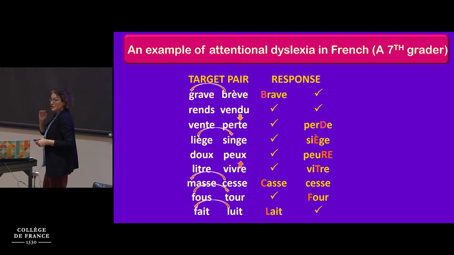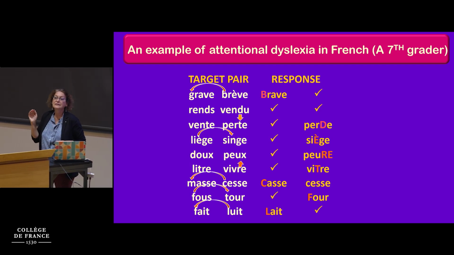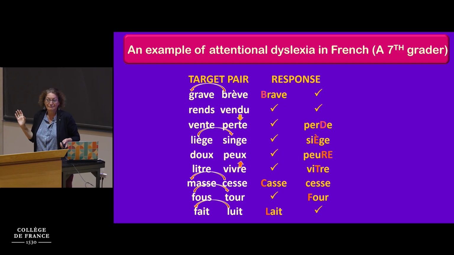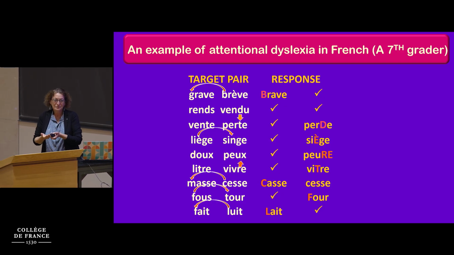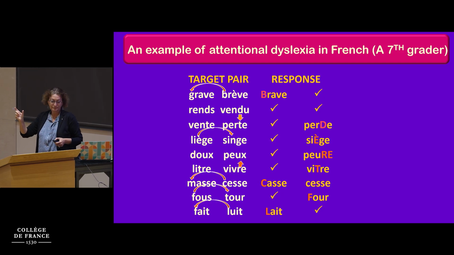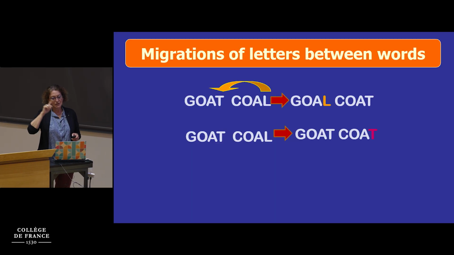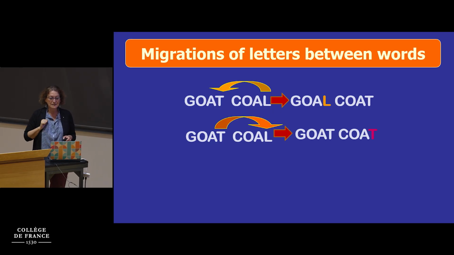Now, this dyslexia will never be identified if we only show single words, because it's migrations of letters between words. So that's another thing that we need to know. We need to show word pairs and not only single words. So we have migrations from the first to the second, from the second to the first.